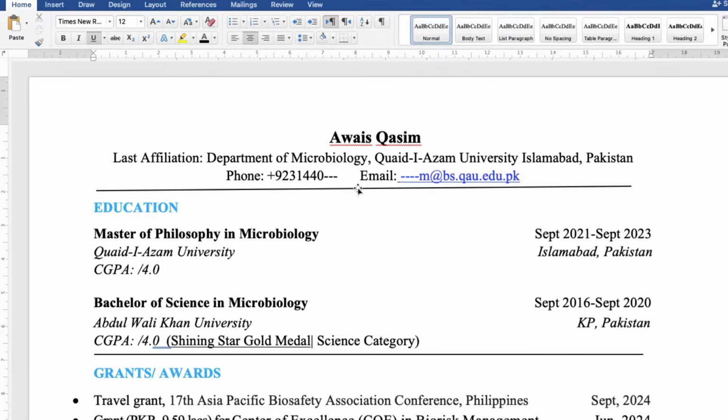Okay, so let's come to my CV. So here you can see my affiliation, my name, and I must say that you should mention LinkedIn, because one of my friends, who is doing PhD in Germany now, told me that his supervisor was impressed with his LinkedIn profile picture, in which he is holding mushroom samples in the field.